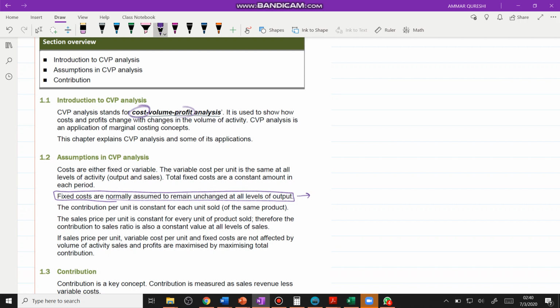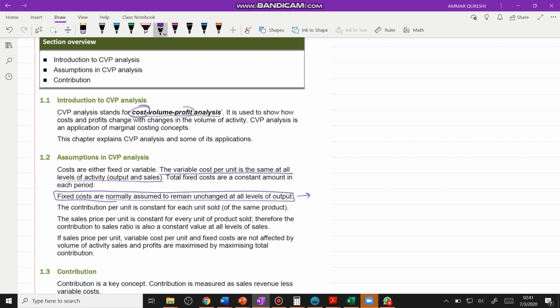Before selling price, we have one more assumption, and that assumption is that variable cost per unit is the same at all levels of activity. That means we are not considering any step up effect in variable cost as well. What do I mean by this? If you want to produce more output than a certain limit, labor can be a limiting factor, and you may have to pay labor overtime for more and more production.